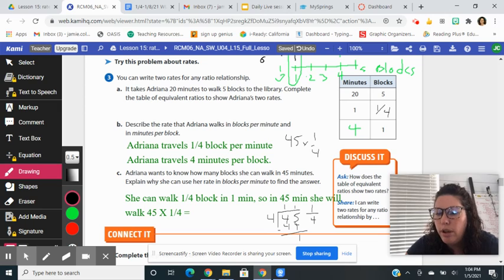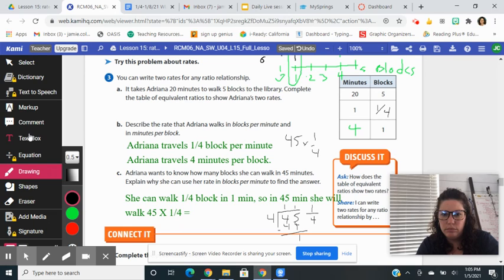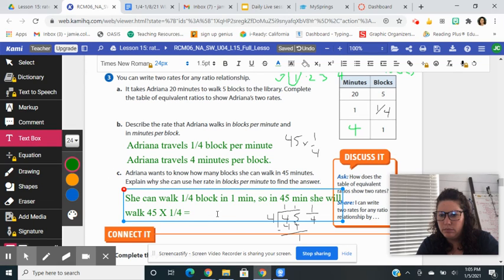So she'll be able to travel 11 and 1/4 blocks.